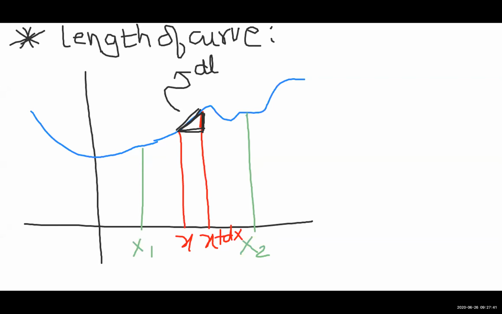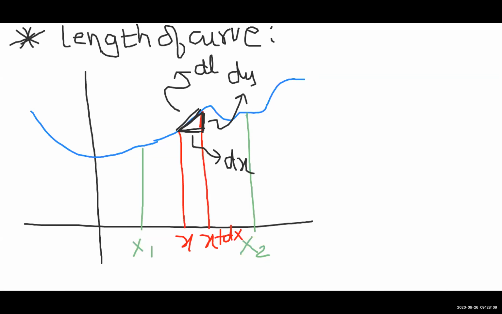So basically I can construct a little triangle where the hypotenuse is the part of the curve that we are interested in, has a length of dl, and the base of the triangle will always be dx, and the height will always be dy.